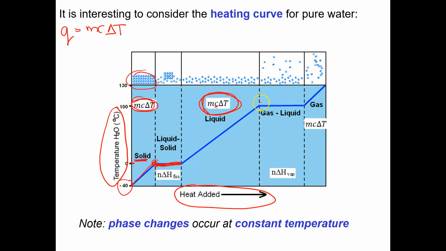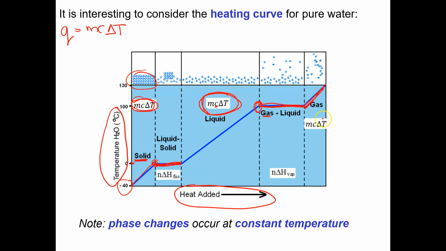Then when we get to 100 degrees Celsius, our sample starts boiling and getting turned into a gas, but the temperature remains constant once again until the entire sample has been evaporated, at which point the temperature starts to rise.